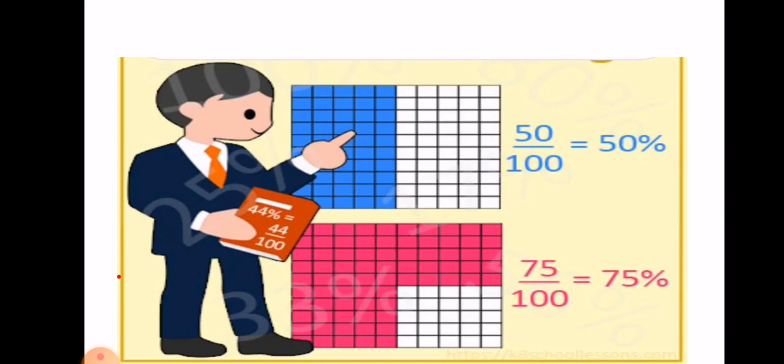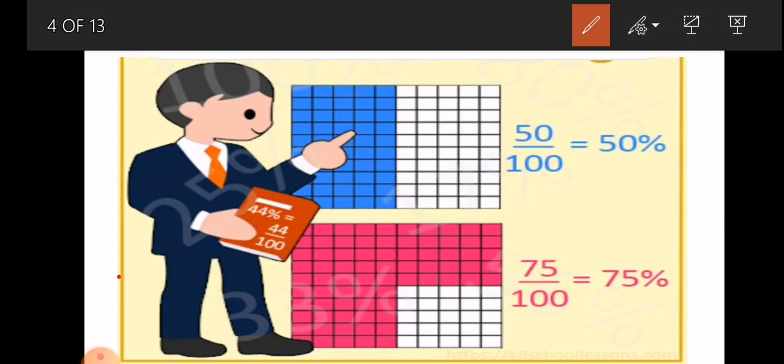Let's see another one. For example here, this shape we call a 10 by 10 grid because I have 10 columns by 10 rows. So it gives me a total of 100. For example, the first one, the blue. Can you tell me how many squares are colored out of this 100?